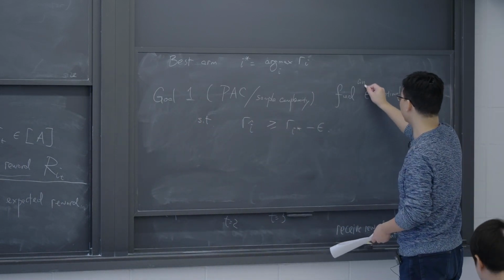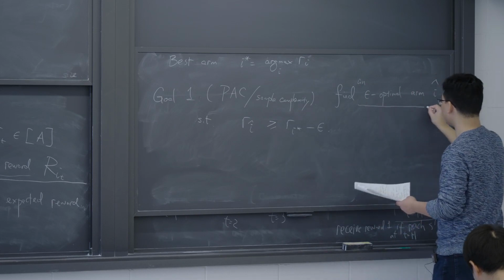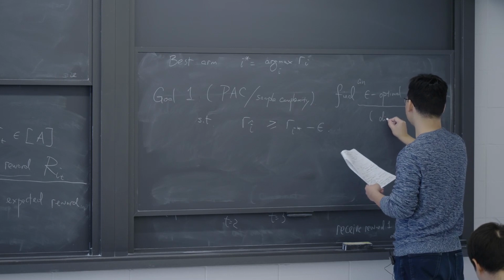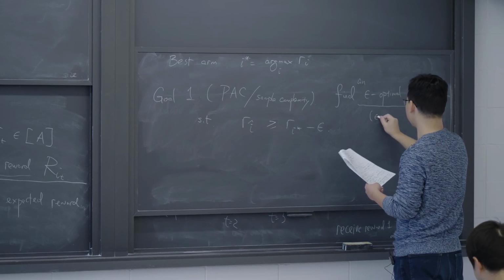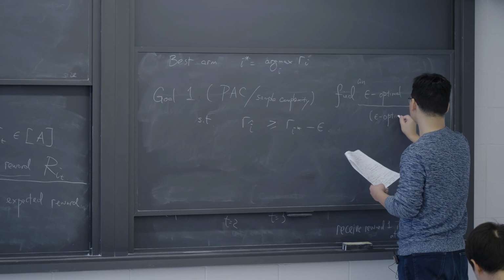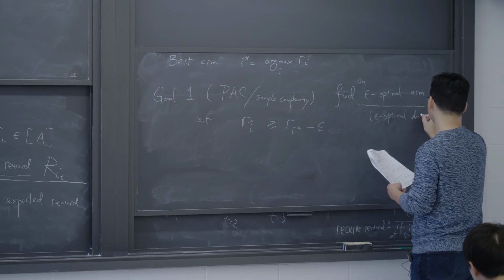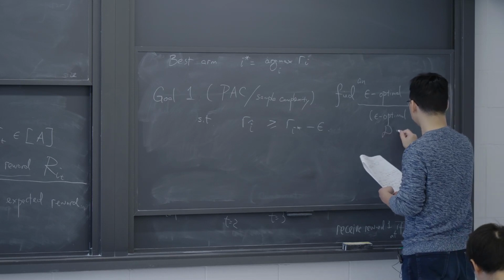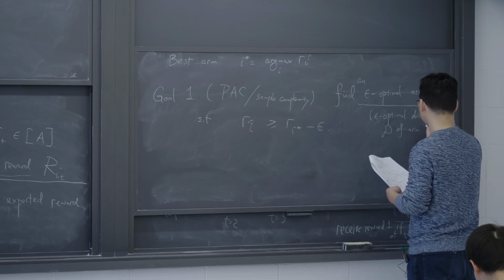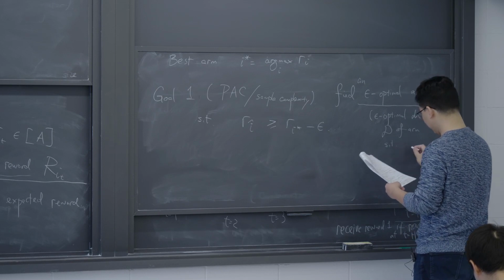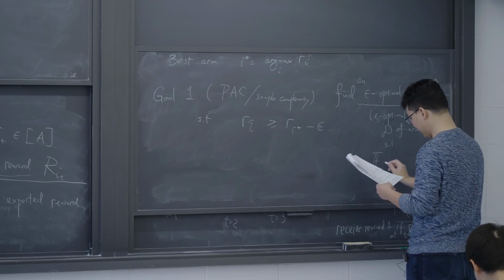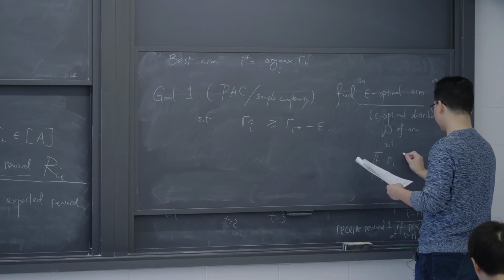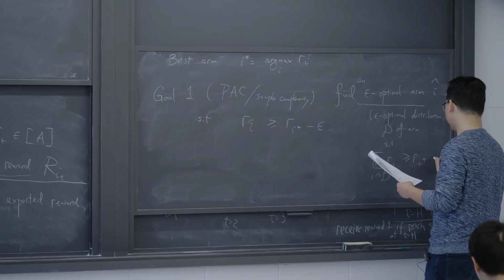And sometimes we are also okay with not just identifying an arm, but identifying a distribution D, an epsilon optimal distribution D, so that the expectation of the reward of an arm sampled from D is greater or equal to i star subtracted by epsilon.